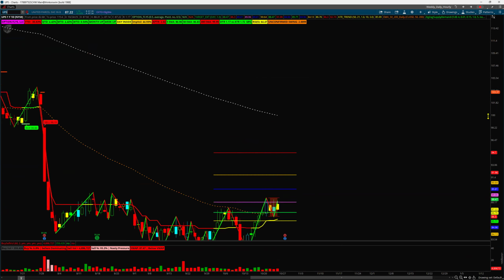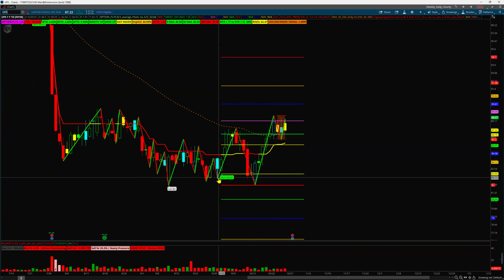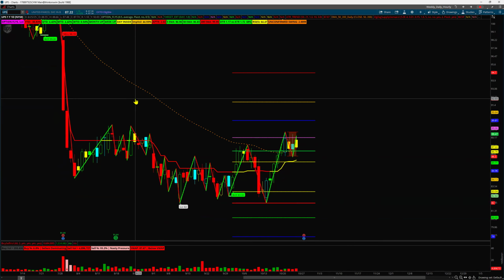UPS has a bit of a buy, it might recover. It's a tough one because this low is, yeah, the 200 is all the way here. That's the 50. It's been fighting for 4 days just to clear the 50 first. They need some strong earnings to make a case.